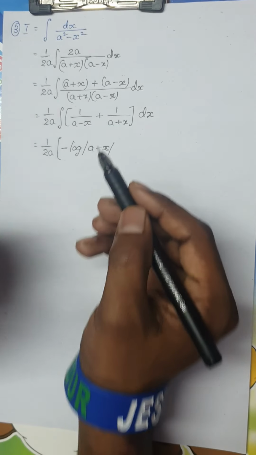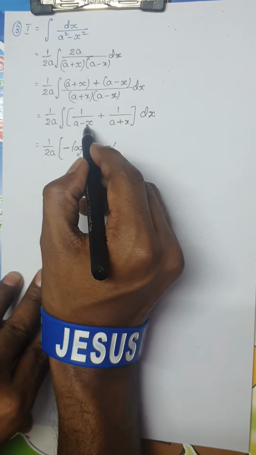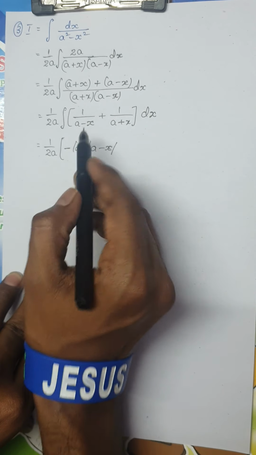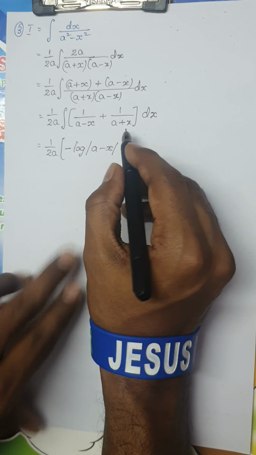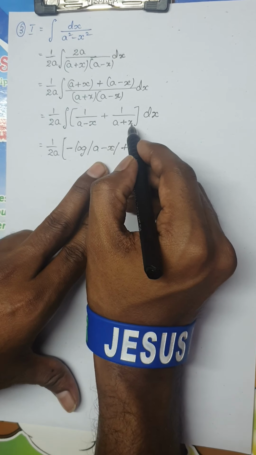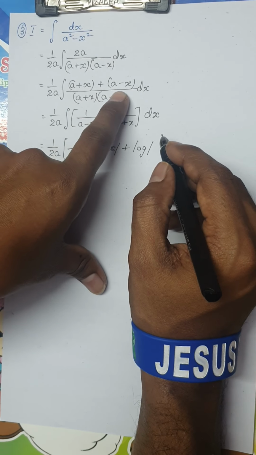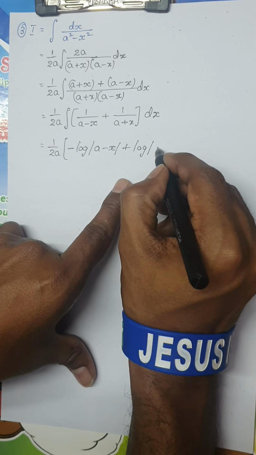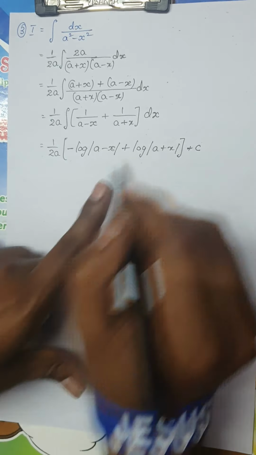Only thing is, I don't want the proof to be lengthy, so please be careful, particularly for this problem. Whichever term has negative x, I have minus of log. Plus here I can take it directly, plus log of mod, because it is of the form integral of 1 by x, so it is log of mod a plus x plus c.